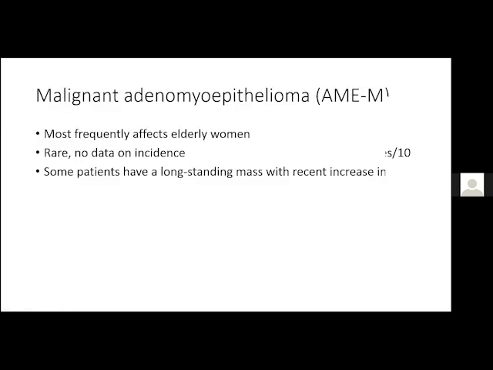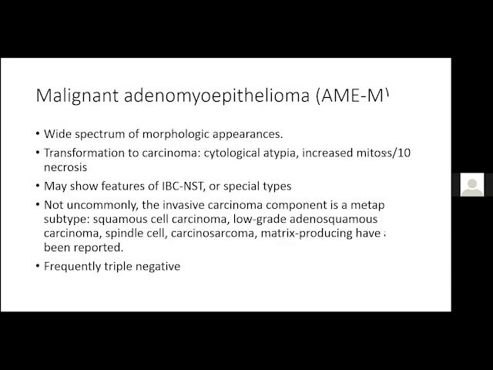For malignant adenomyoepithelioma, there's not a lot of data because it's quite a rare tumor, but it reportedly affects elderly women most commonly. Some patients have a long-standing mass, which then shows recent growth. The carcinomatous component has a wide spectrum of appearances.